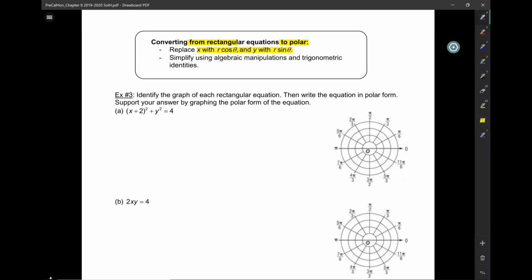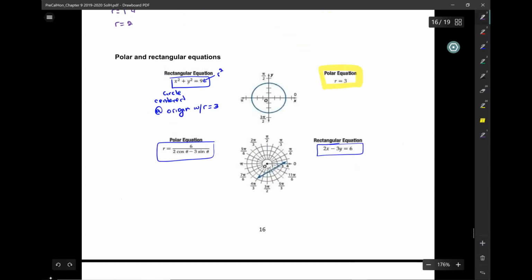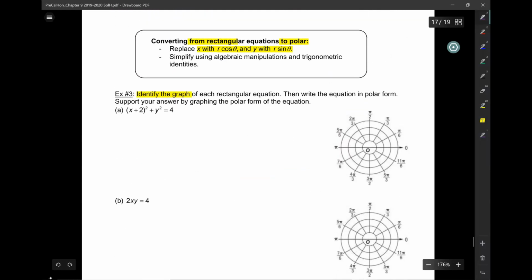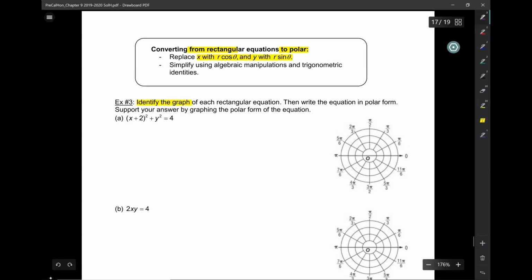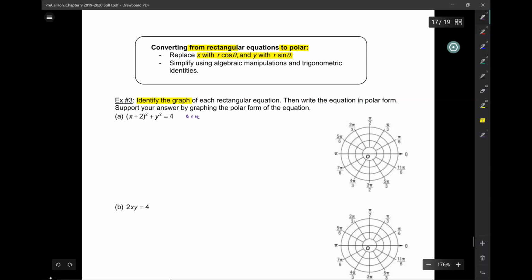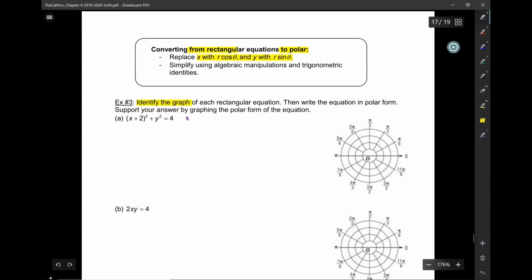So let's take a look here. It says identify the graph of each equation. Basically say, what kind of graph do you predict this is? What shape is this? Well, since here, just like this one, we have x squared plus y squared in some form, this is definitely a circle.